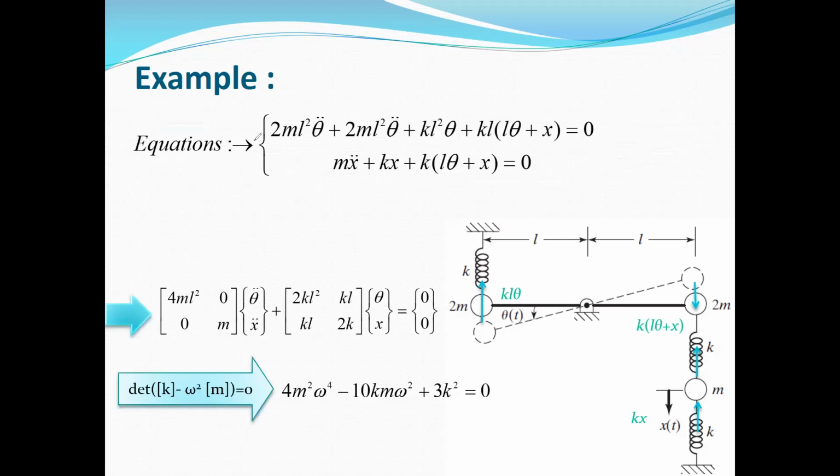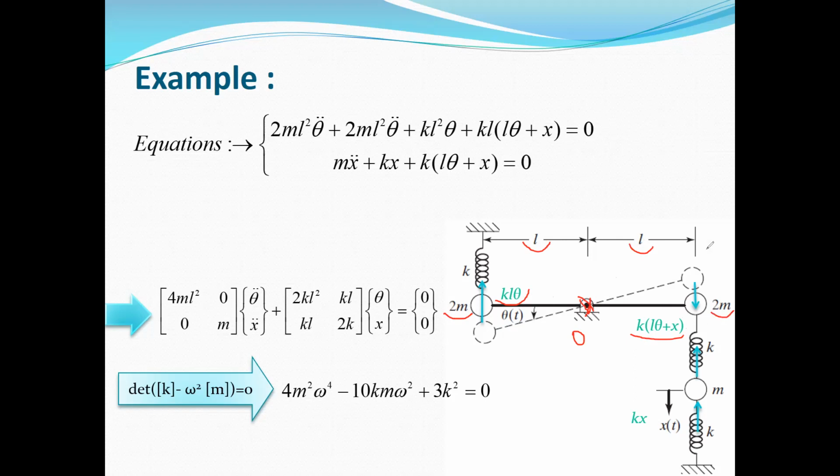The first one is the moment equation about this point, if we call it O. Writing the moment equation about point O, as I told you, we will have one moment due to this force k L theta multiplied by its arm, which is L. We have another force k times (L theta plus x), again multiplied by its arm, which is L. And finally, it must be equal to the mass moment of inertia about point O. In this system, the mass of this rod is negligible according to the problem description, but we have two particles with mass 2m, as you can see here.